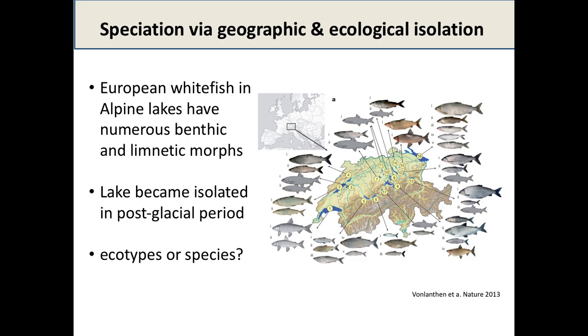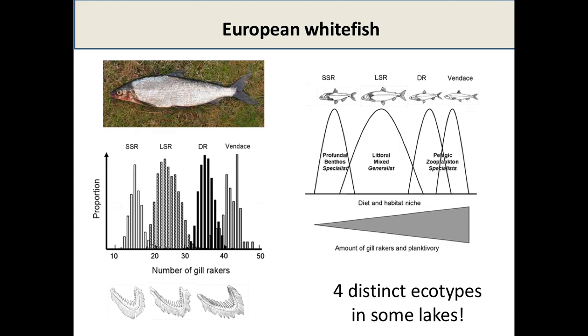Think of them as moving from a nice clear water lake to a big pea green soupy bowl. There's only one type of resource available, and what we see is that the nice segregation in gill rakers is breaking down because there's no benefit to having fewer gill rakers or more gill rakers.